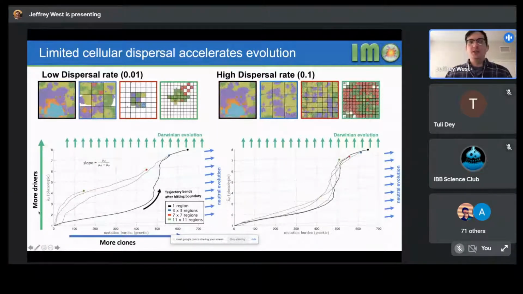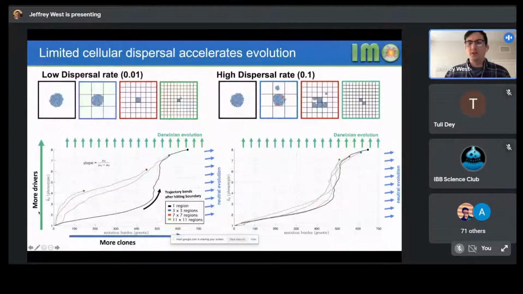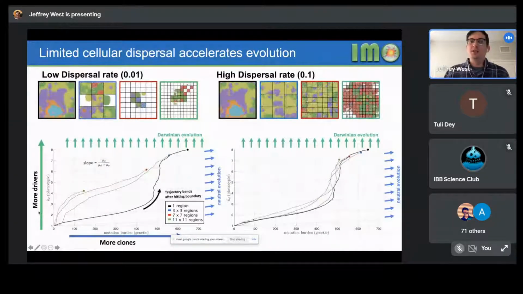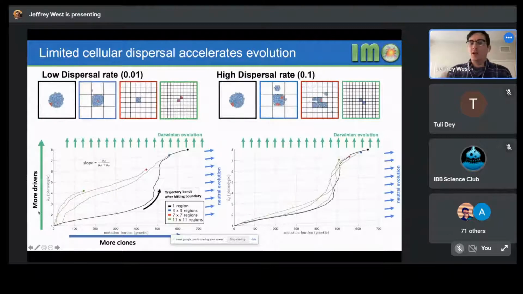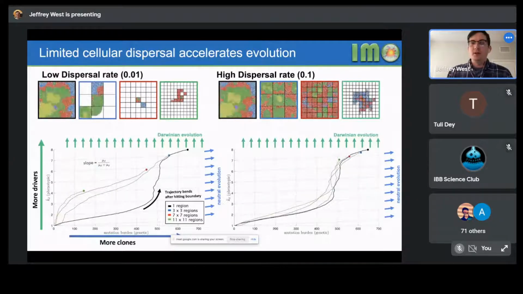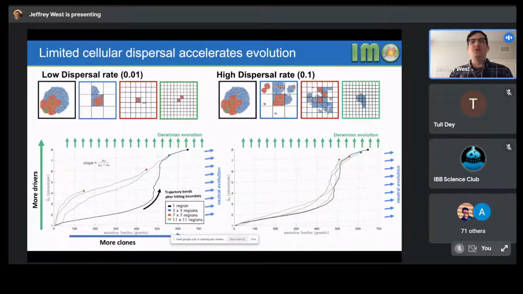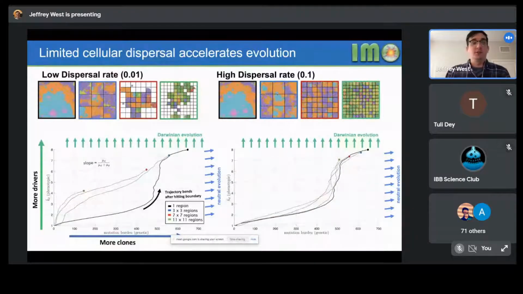What happens when I increase the dispersal rate? All of these curves collapse back onto each other. That means that this segregation, those boundaries, don't have any effect anymore. This makes sense because any spatial constraints imposed by those boundaries are lost if the cells are allowed to disperse at a high rate.